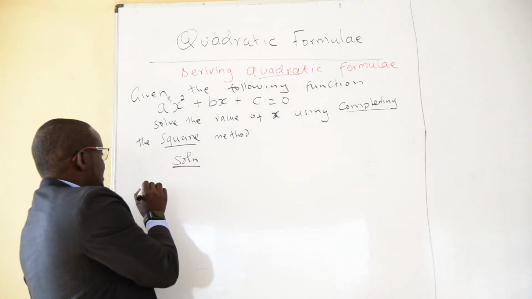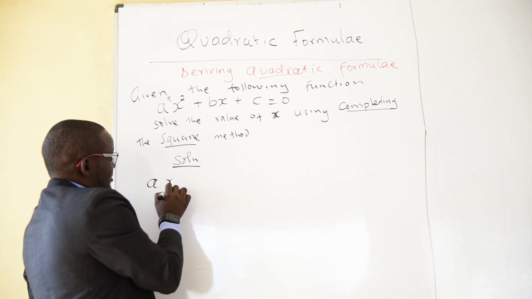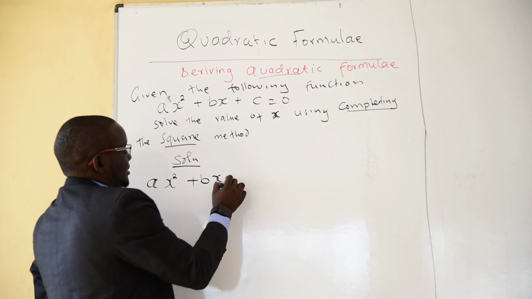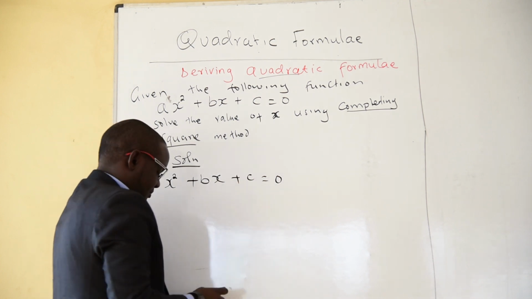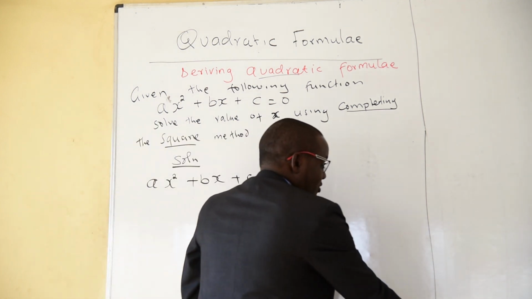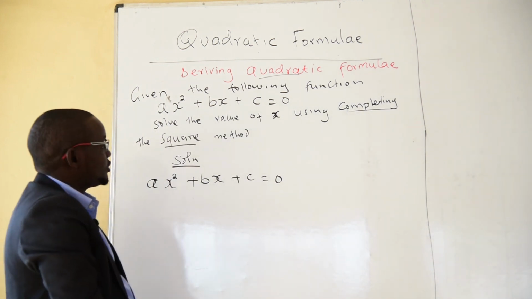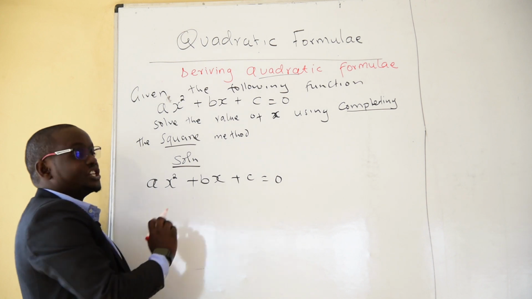Our quadratic equation is ax squared plus bx plus c equals 0. When we are deriving the quadratic formula using completing the square, we have conditions.